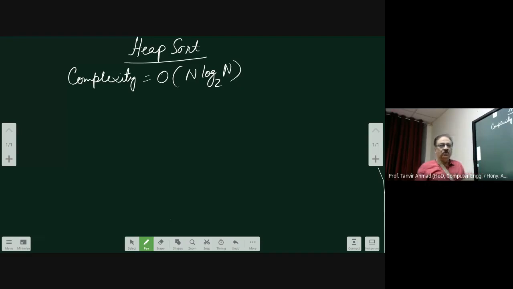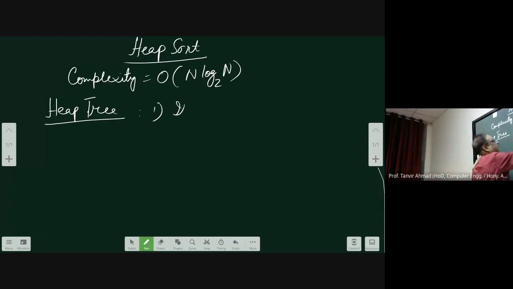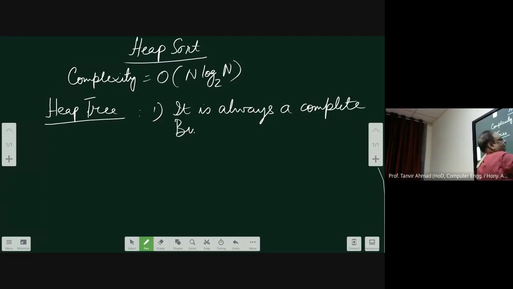Okay. Now, before we start with the heap sorting, let me first of all tell you what is a heap. What's a heap tree? The property of a heap tree is that it is always a complete binary tree.